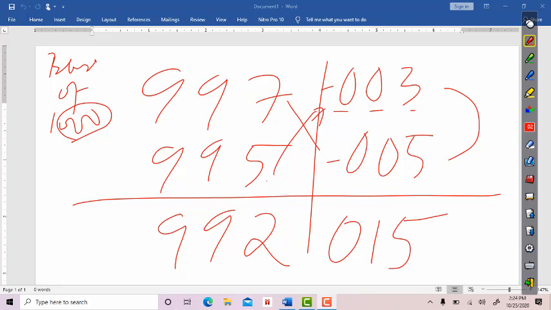So that's the answer. Let me check for a while with a calculator. 997 times 995. Yes, that's right, that's correct. So this is how we count with a base of 1,000.